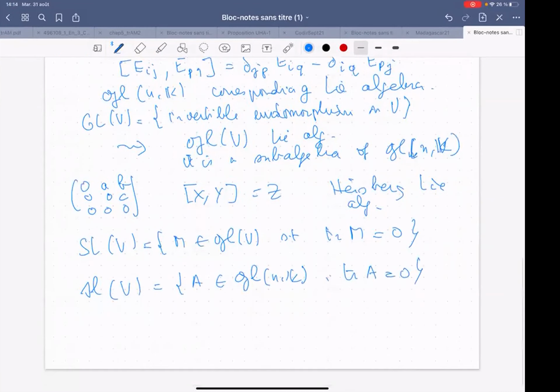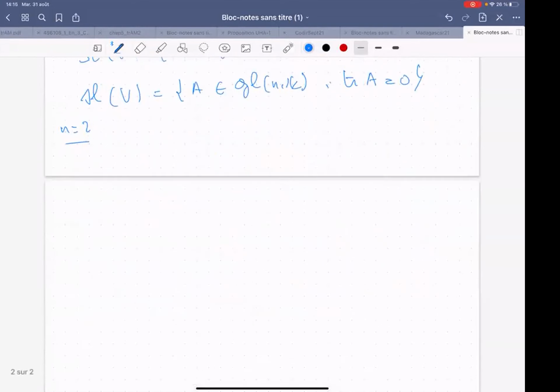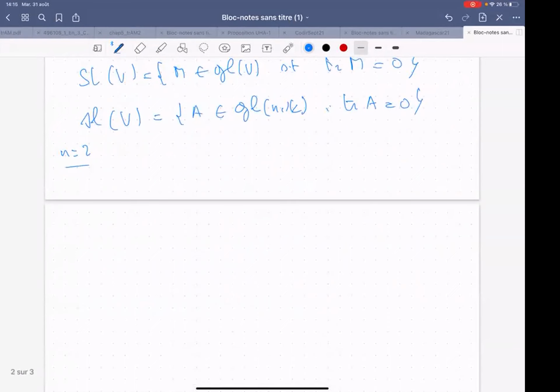For example, if we take n equals 2, we get an interesting algebra, which will play an interesting role later in my lectures. This is a 3-dimensional algebra, and we can consider as generators H, E being (0 1; 0 0), and F being (0 0; 1 0).